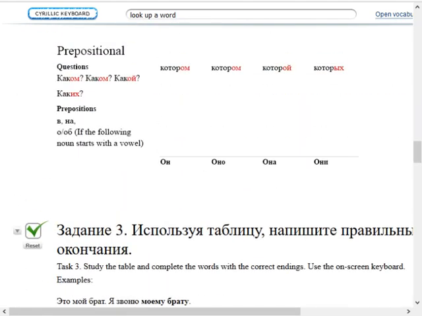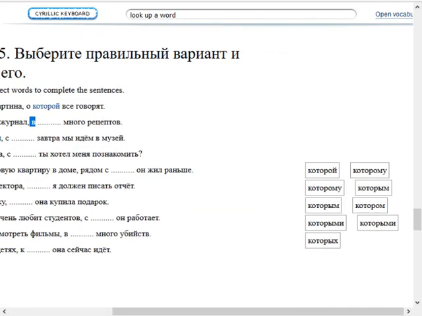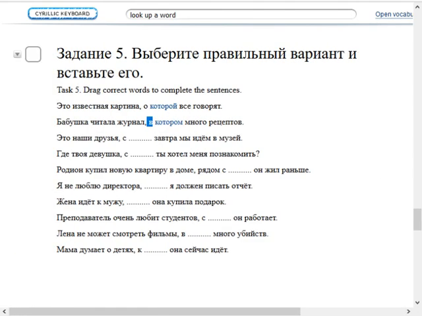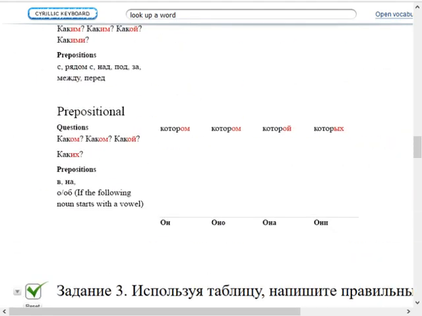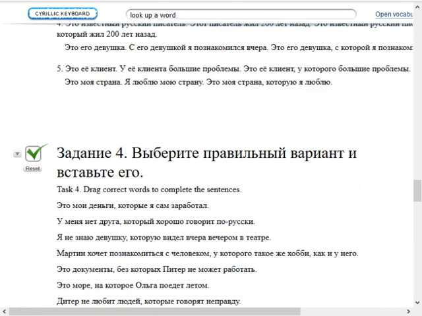So the prepositional masculine is котором. Moving on. Это наши друзья. These are our friends. Okay, so с is instrumental and друзья is plural. So what do we have for instrumental plural? We have которыми.